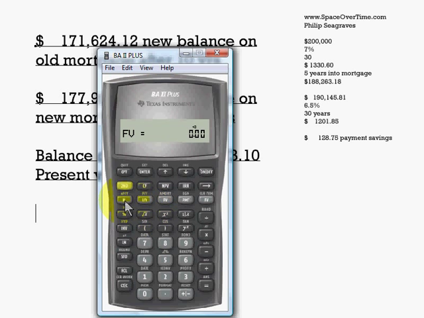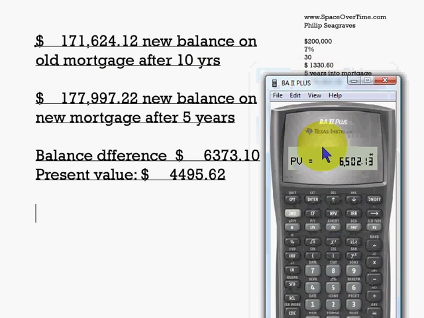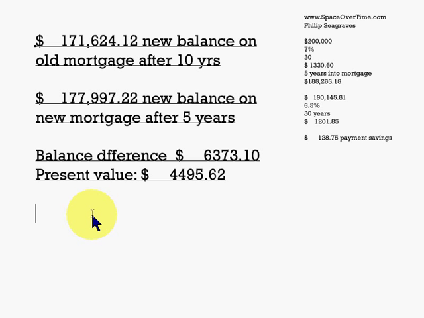Now if you remember though, N is still correct, and the interest rate is still correct. Now we just want to do the same thing again. We want to compute the present value of that big stream of payments that are going to be coming in. All right, so we have a present value of $6,502.13.